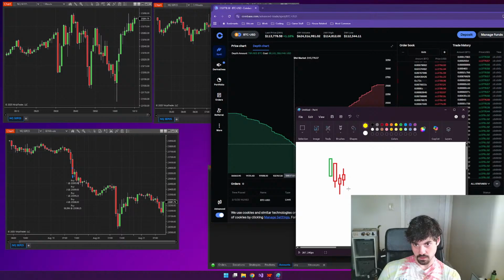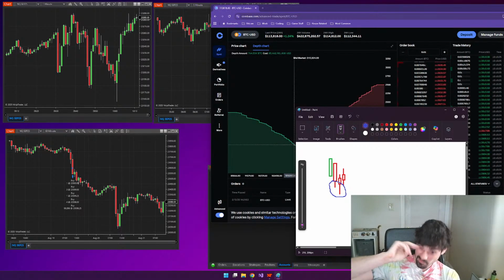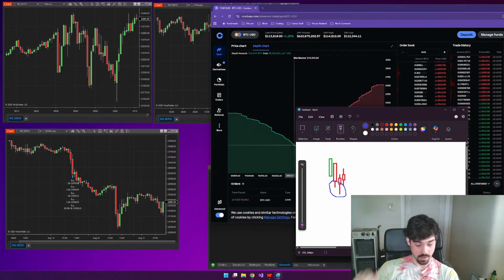These pieces right here are kind of indicating, oh my god, what a bad color, right here are kind of indicating that it was trying to push down, but each time that it did, there was sufficient support that it rose up quickly enough to keep the volume of trade in the upper portion of that candle for that period of time.